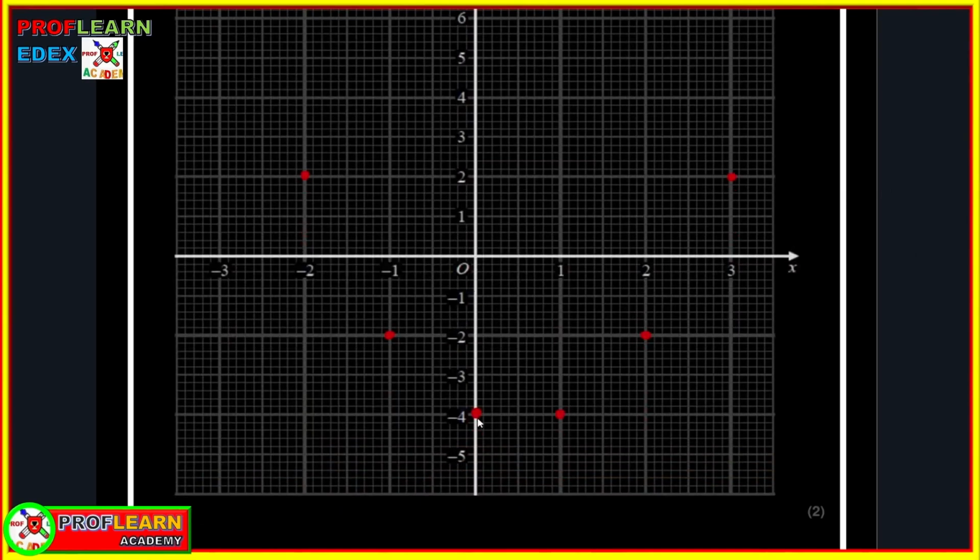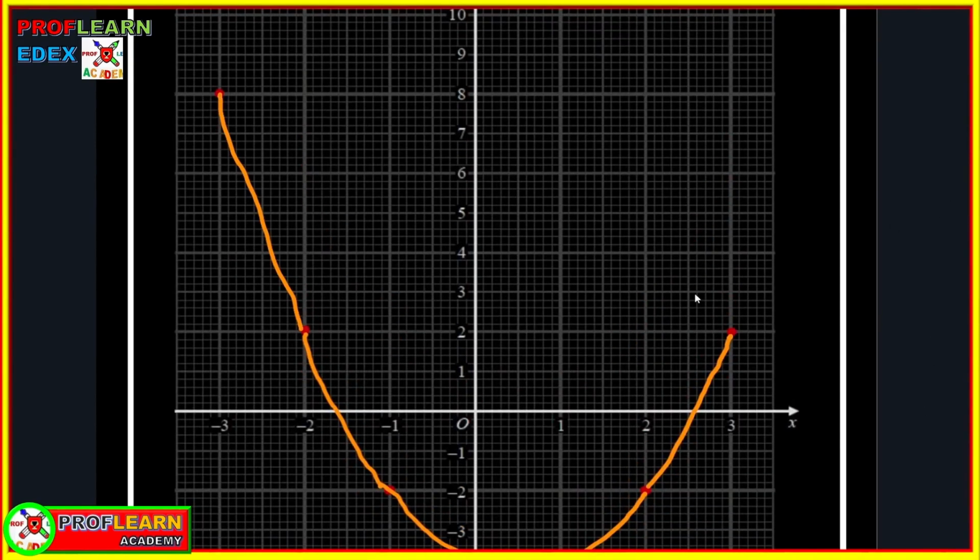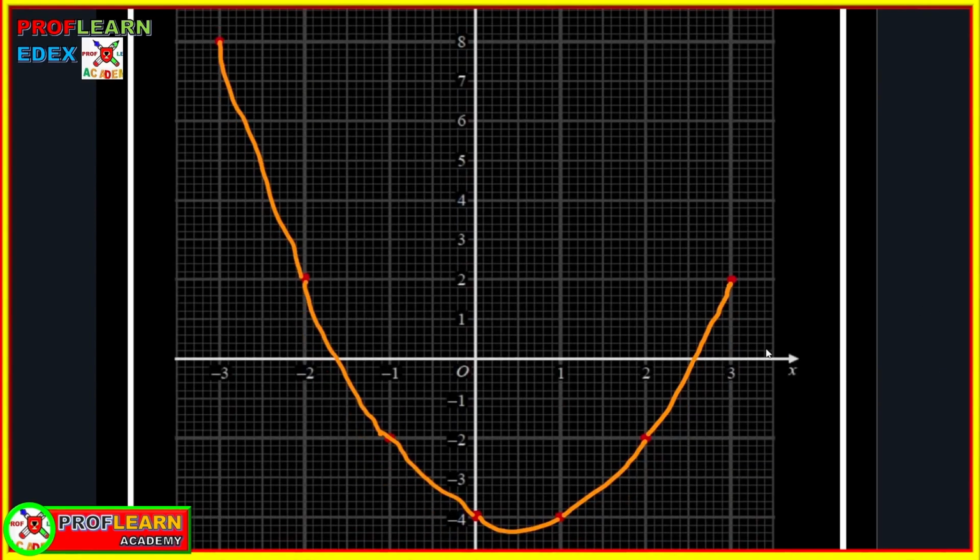Then we can join the points smoothly like that, and we shall have it ending at that point. You see now we have a very beautiful graph, and the examiner will be very happy, and you earn all the marks for plotting the points nicely and having the correct graph. 4 marks.